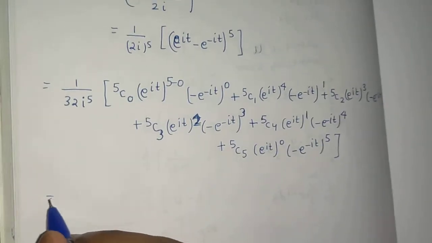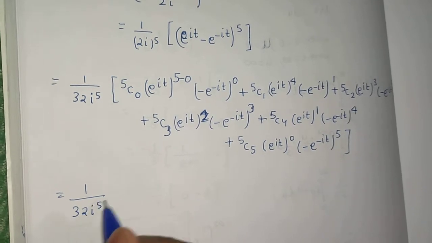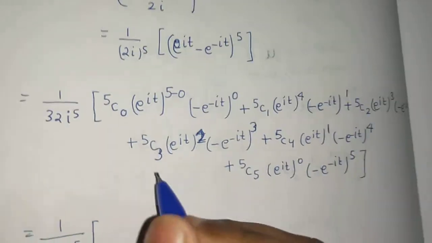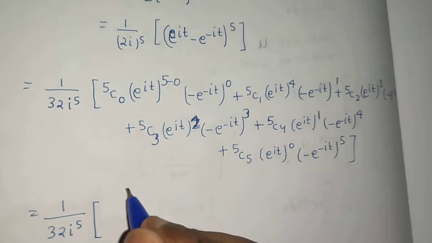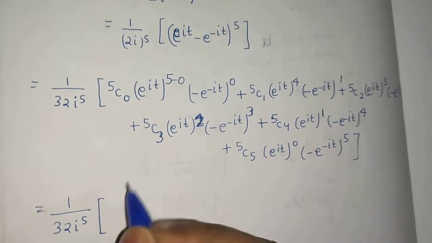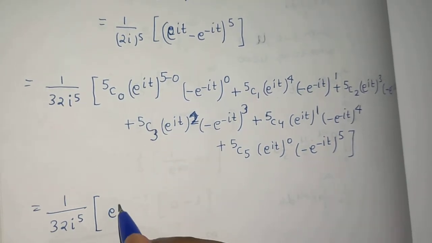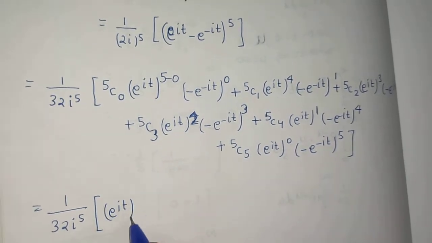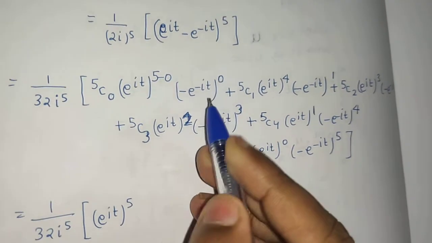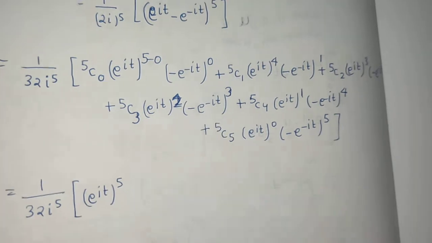Let's simplify it further. You'll get 1 upon 32i raised to power 5. Now 5c0, nc0 is 1, so I'm not writing that. I'm simply writing e power it raised to power 5. Anything raised to power 0 is 1, so I'm not writing this also.